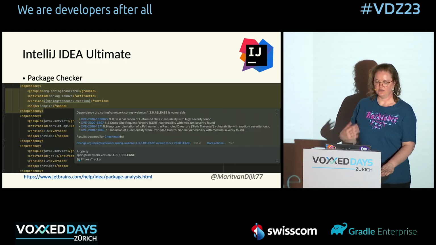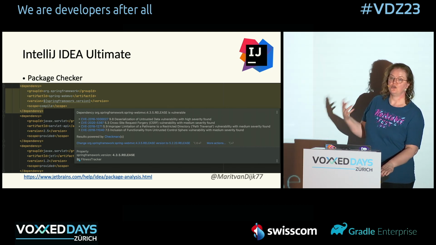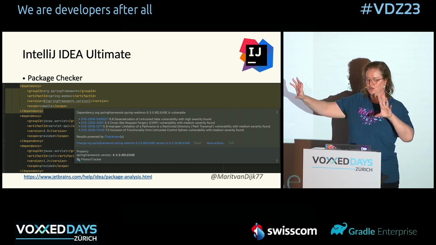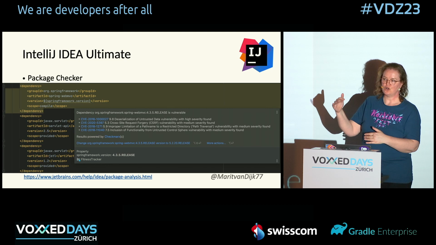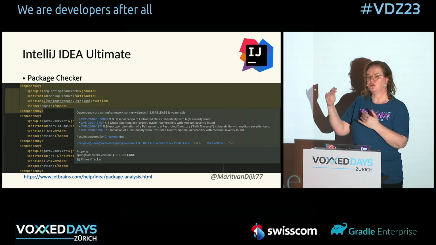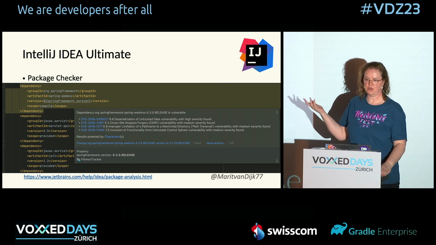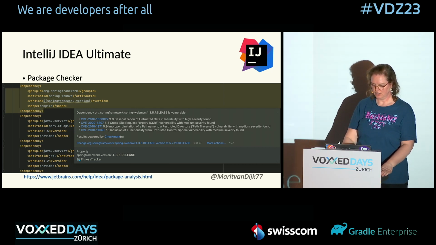If you are using IntelliJ Ultimate and you import or you have outdated dependencies or vulnerable dependencies, it will highlight them in bright yellow. And if you hover over them, it will provide you with information on the known vulnerabilities that are in there, with links to click if you want more information on the CVEs.